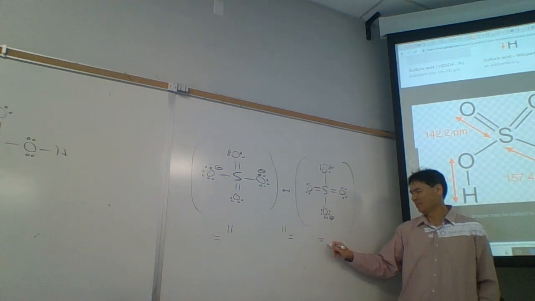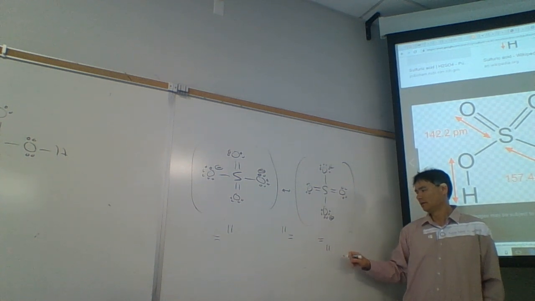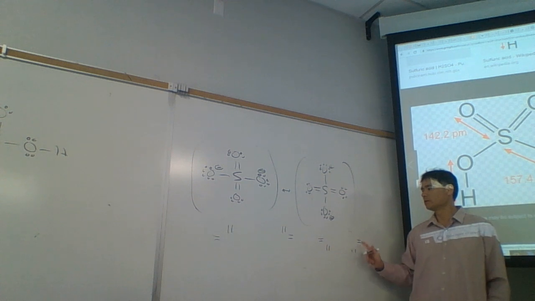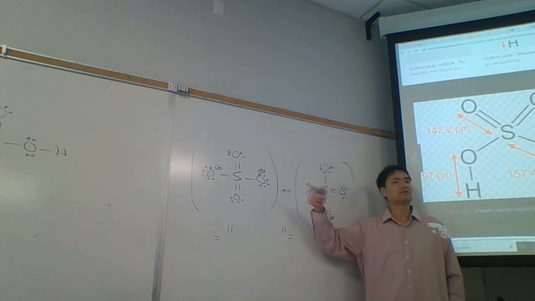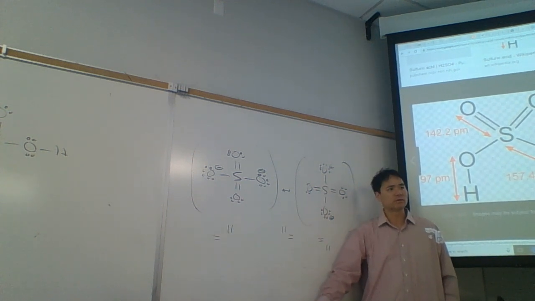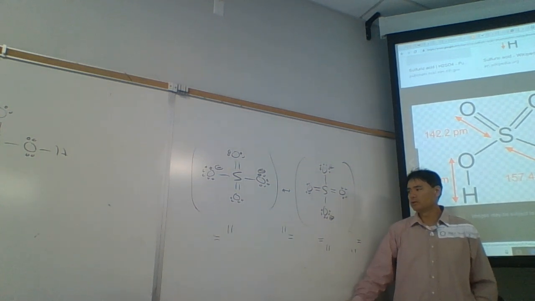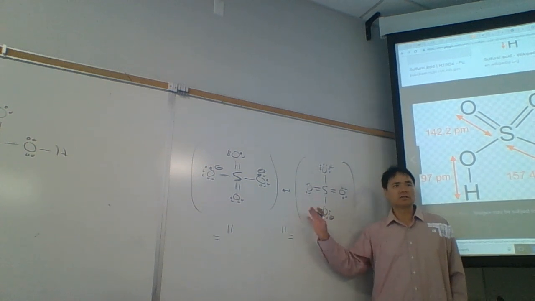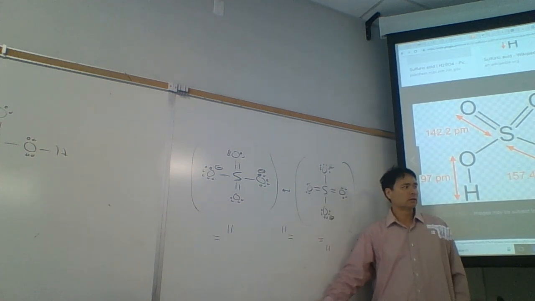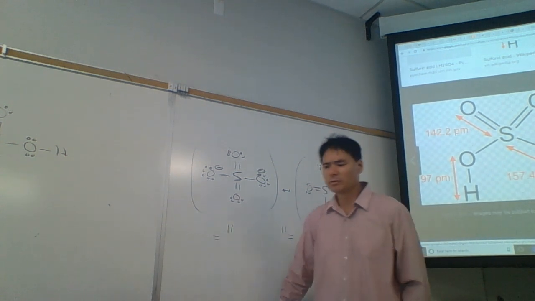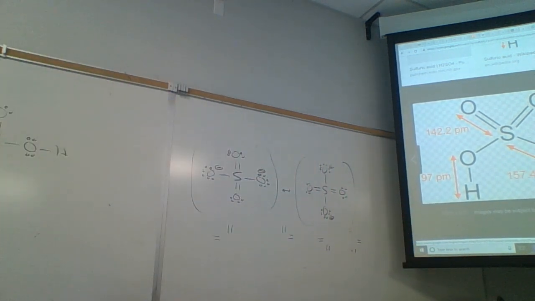And then we could go left, bottom, and then right, bottom. And so that's 1, 2, 3, 4, 5, 6. 6 is right, 6 resonance forms. What we're going to observe is we're going to average all 6 to come up with the resonance hybrid. And the resonance hybrid should be more accurate than any of the individual ones.